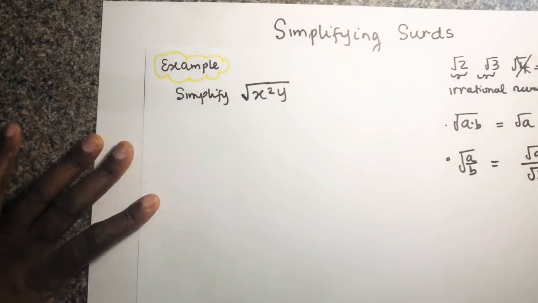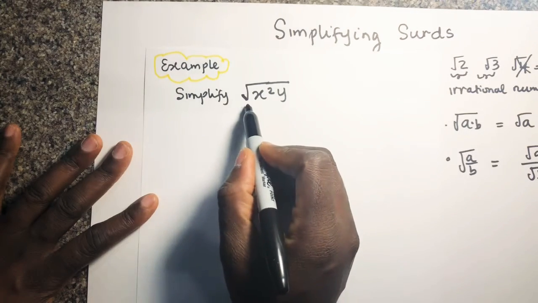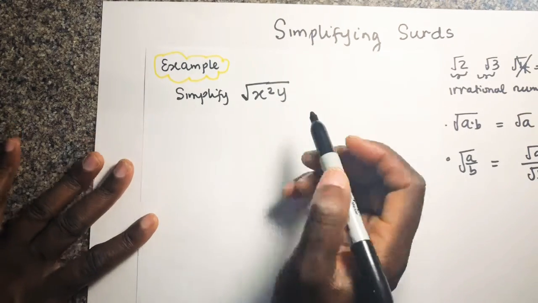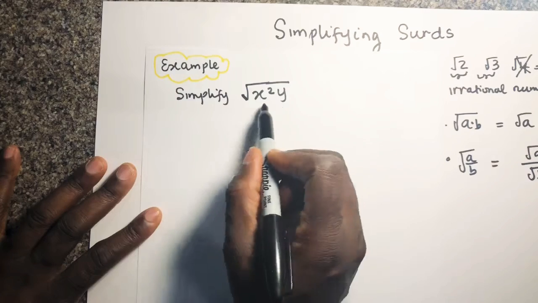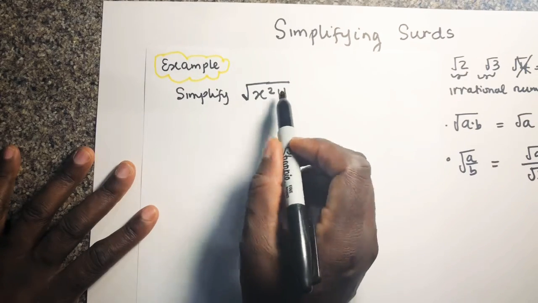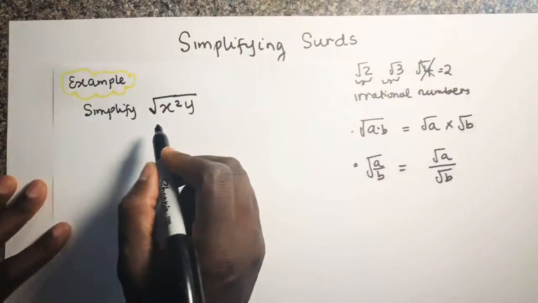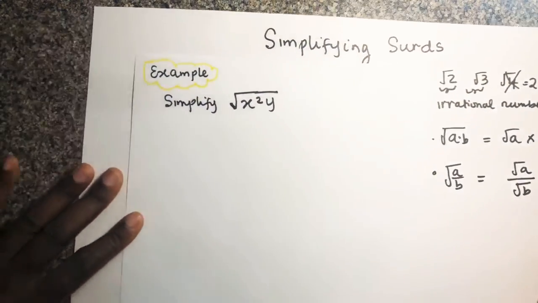This example is an algebraic one. It says simplify the square root of x squared times y. Now don't be put off by the use of x and y. In algebra, most of the rules are the same rules that apply in number work. So we're just going to use the multiplication rule as well.